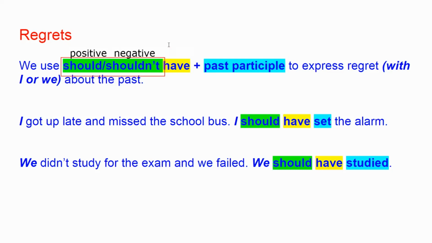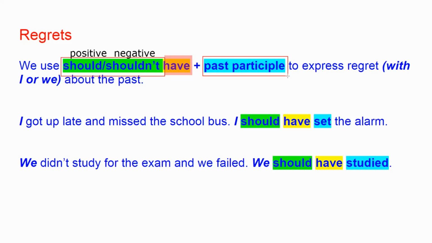Y obviamente va a estar acompañado por the verb have, ¿ok? Siempre va a estar have aquí con should or shouldn't. Y tenemos algo que lo hemos estado practicando siempre, que es the past participle, ¿ok? The past participle verb. Esos son los verbos que van ahí en participio. Los mismos verbos que van a utilizar al momento de crear regrets.